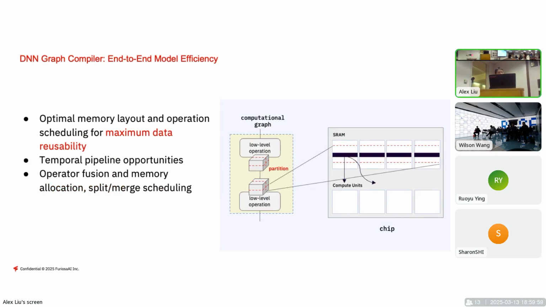So our compiler can see the whole model graph as a whole and find optimization ways of how to reuse the data, spatial-wise or temporal-wise. In that case, we can maximize the optimization opportunities and save power.